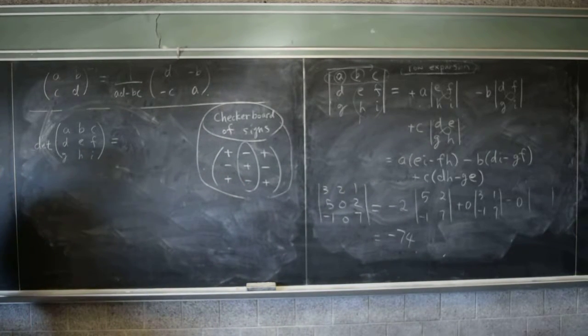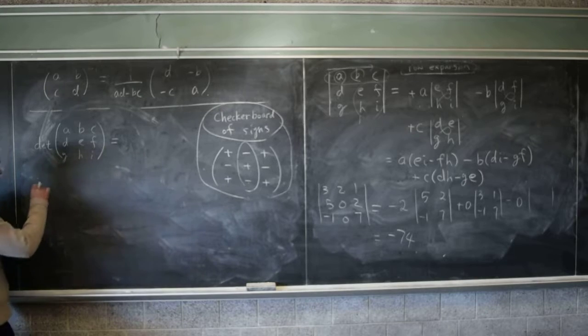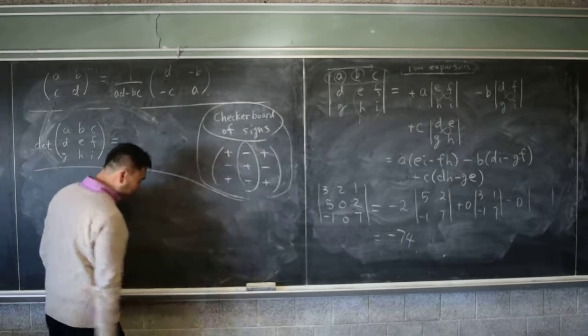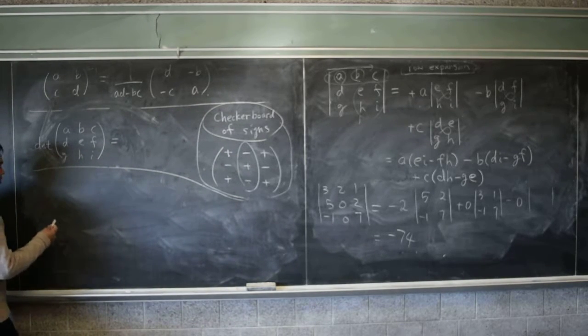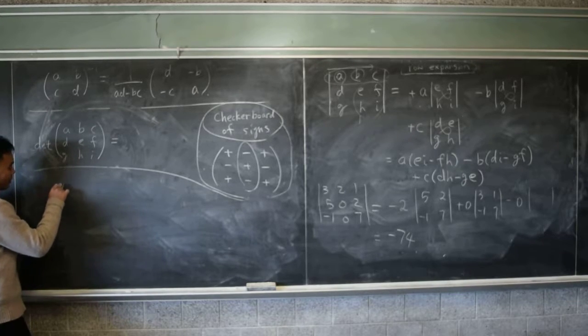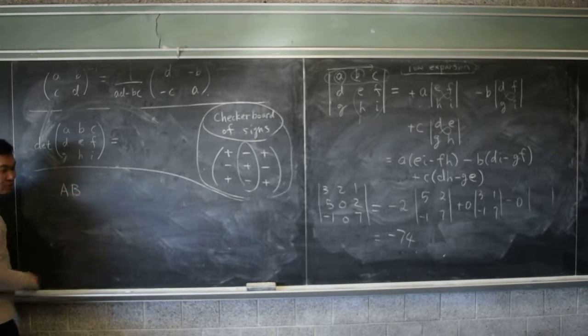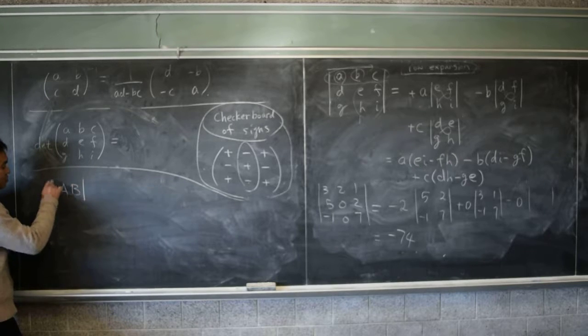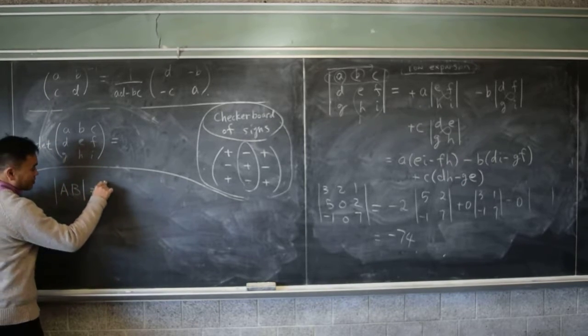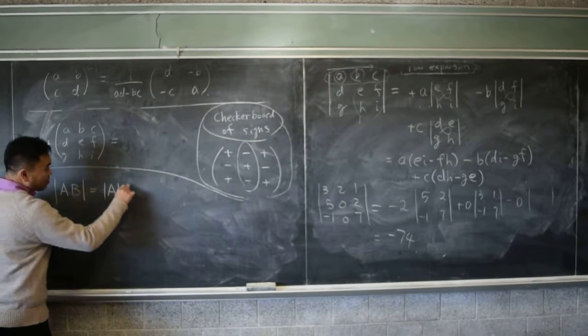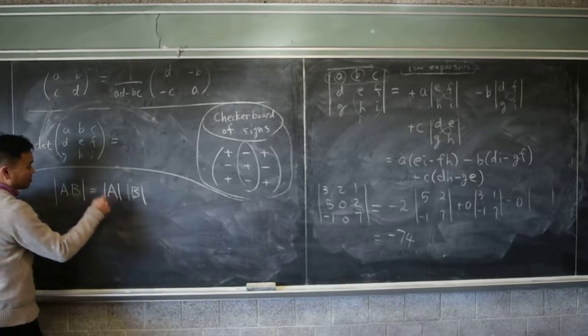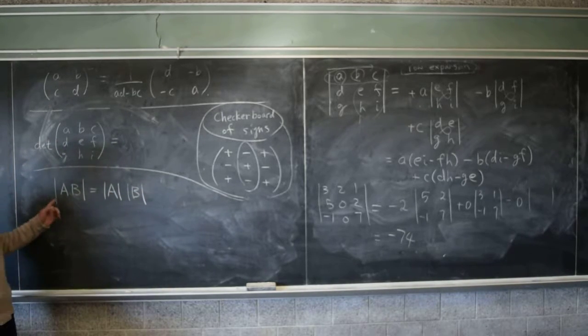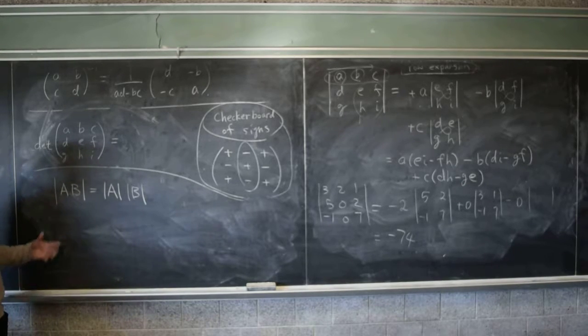I just want to talk about this one final property of the determinant. Determinants have the property that if you have a product of two matrices, taking the determinant of the product is the same as taking the determinant of each matrix and multiplying them. So it has this nice property, and it has its uses too.